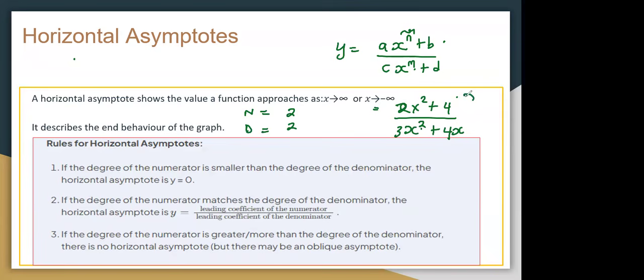For such a case, when we want to obtain the horizontal asymptote, this is where we divide, and that is the second case. You look out for the highest power that has appeared, which is x squared. Then you say 2x squared out of x squared plus 4 out of x squared, out of 3x squared out of x squared plus 4x out of x squared. That is 1.